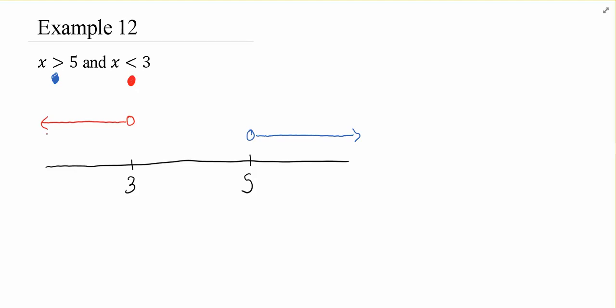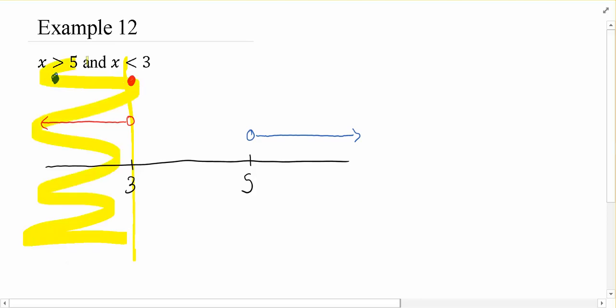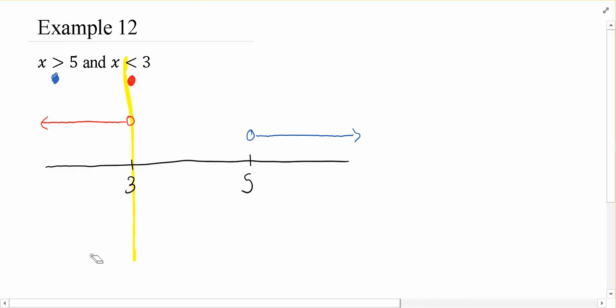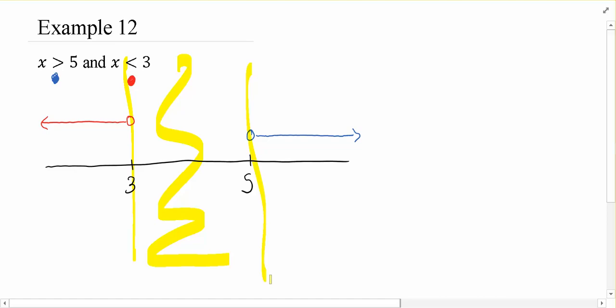Now what's really, really important is this word and. If we look at the leftmost chunk, do I have blue and red? No, I don't. So I'm not going to shade that. In the middle chunk, do I have blue and red?